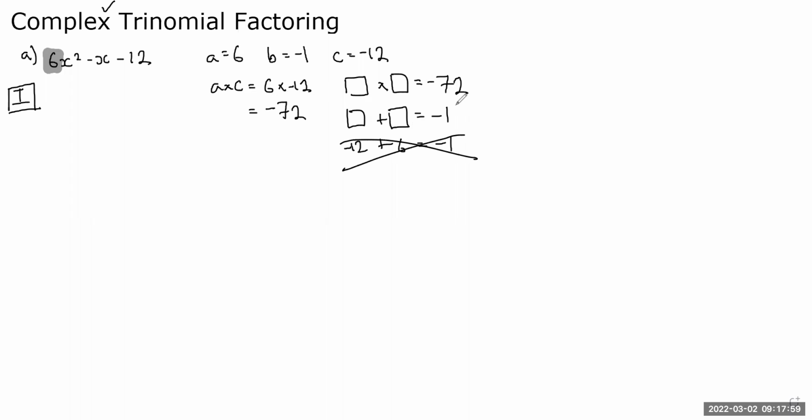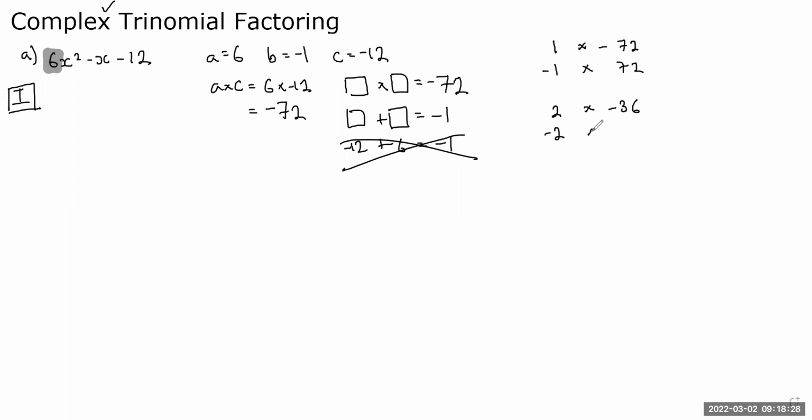So here is one strategy. If you tried yesterday and you're really struggling, write out all the factors of 72 or negative 72, okay? So it could be a 1 with a negative 72, or a negative 1 with a positive 72. It could be a 2 with a negative 36.